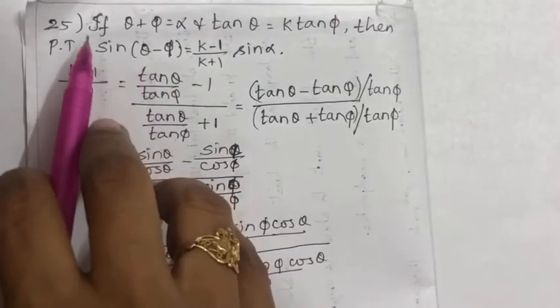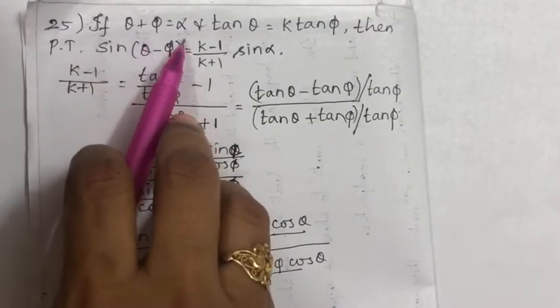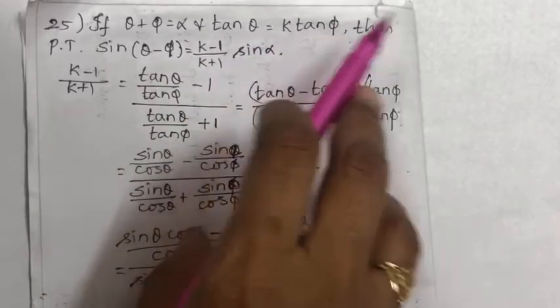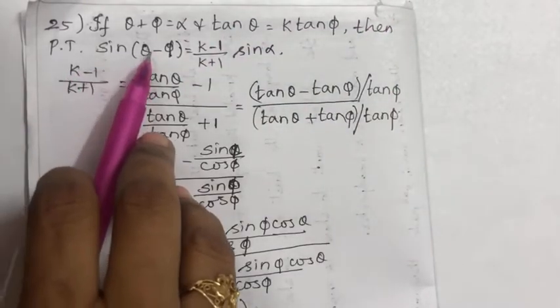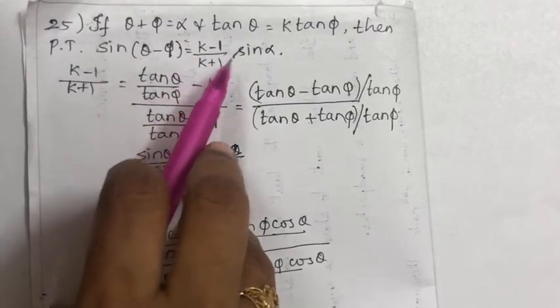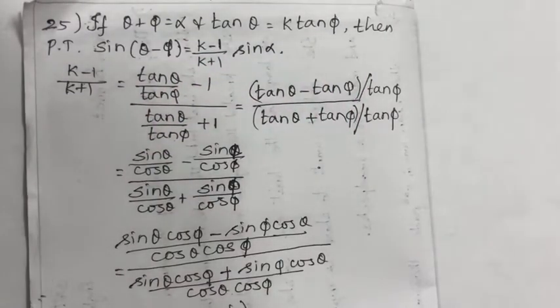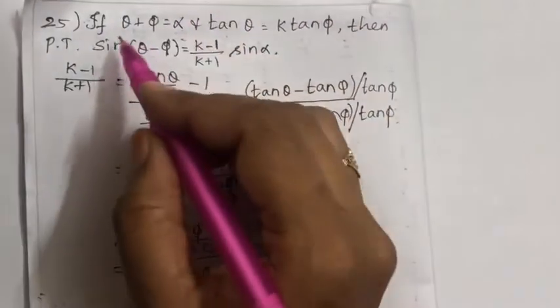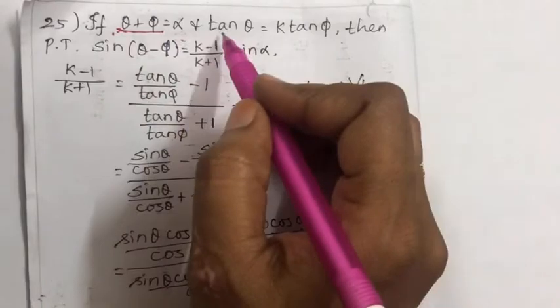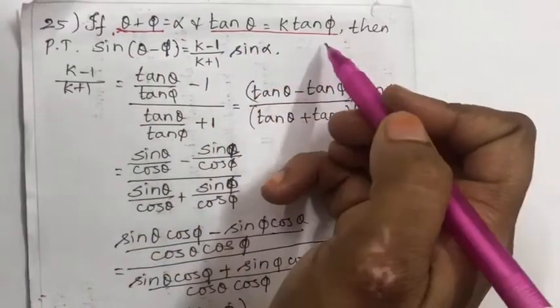25th problem. If theta plus phi is equal to alpha and tan theta equal to k tan phi, then prove that sin(theta minus phi) is equal to (k minus 1)/(k plus 1) sin alpha. So theta plus phi is equal to alpha, tan theta equal to k tan phi.